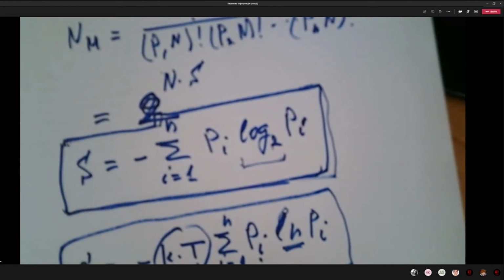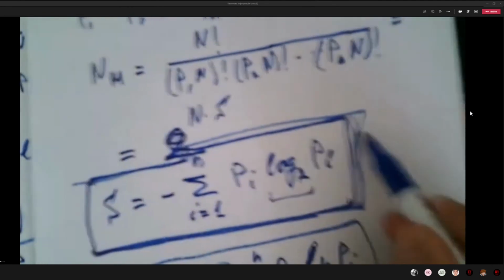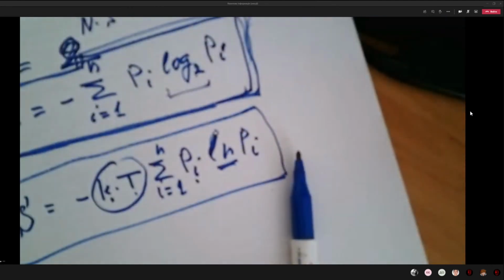Good, if there are no more questions, today we introduced a very important formula, namely Shannon entropy. Shannon entropy, written here, is a measure of information in a message.